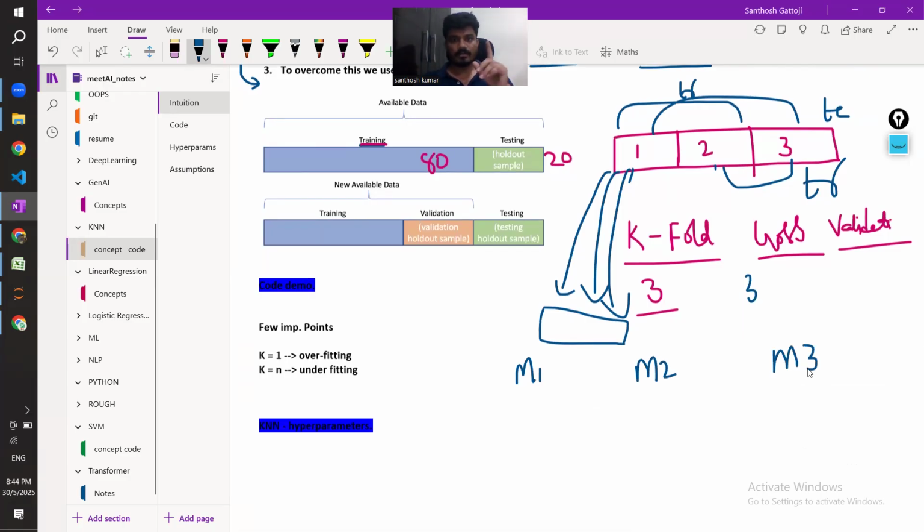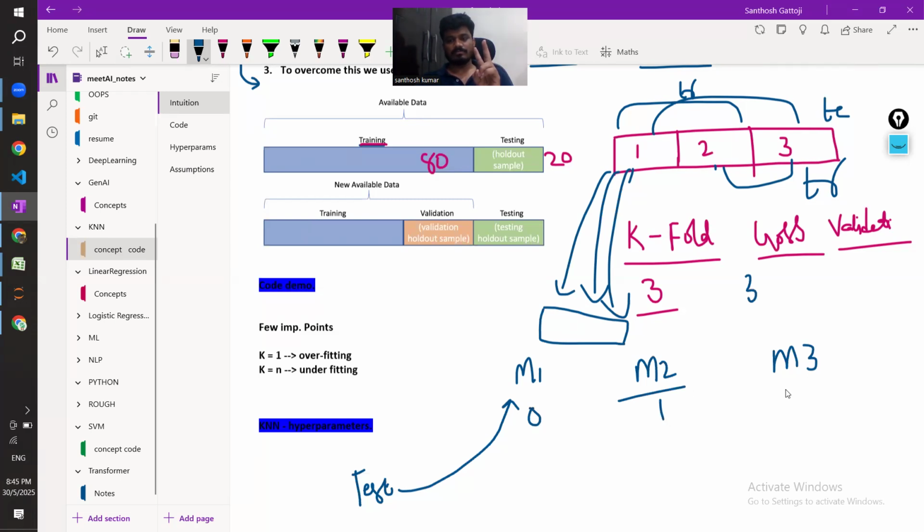Now see what interesting happens. You have a test point. You pass it to M1, and it will give you only one prediction, either 0 or 1. Say it gave 0.